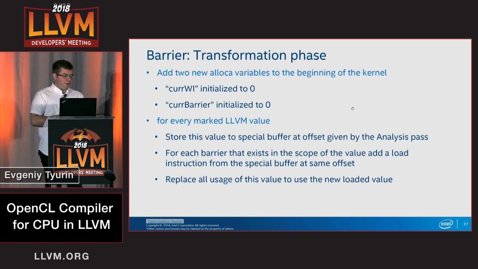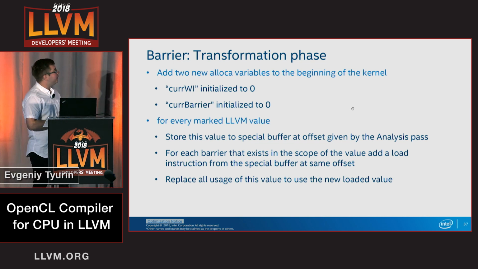With regard to the transformation phase, we need to introduce two new counters, one for the current work item ID and the other for the current barrier.